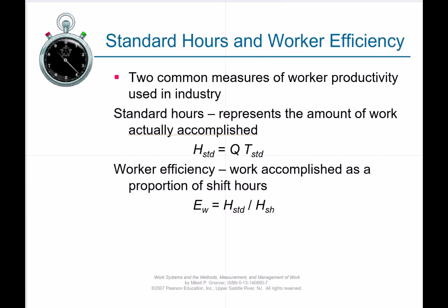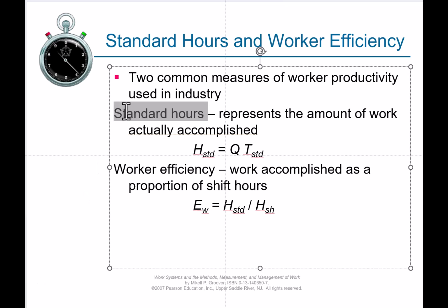Now let's also learn about the common measures of productivity in use in industry. They call it standard hours. Companies and financial departments calculate the standard hours that it's supposed to take to produce a product.